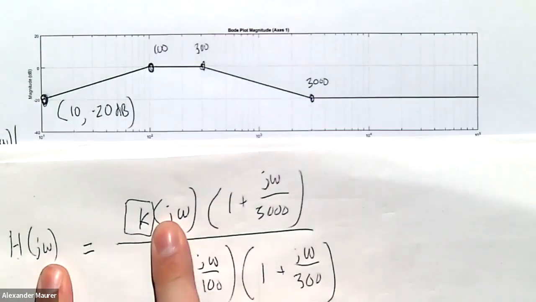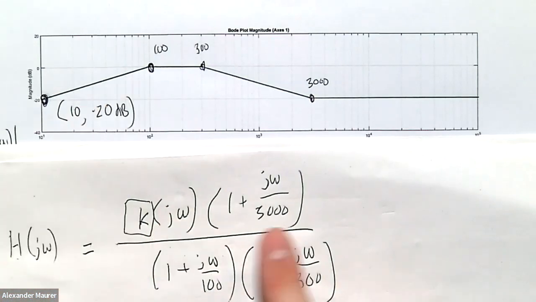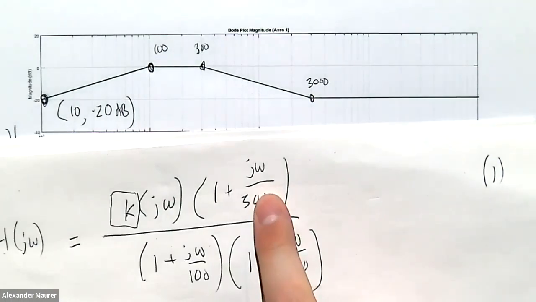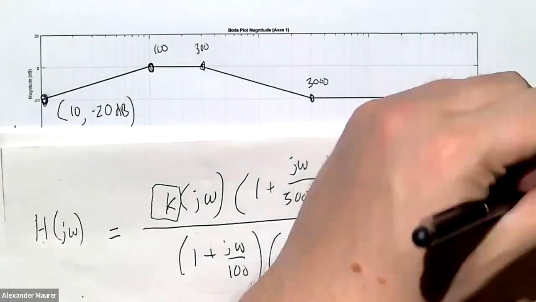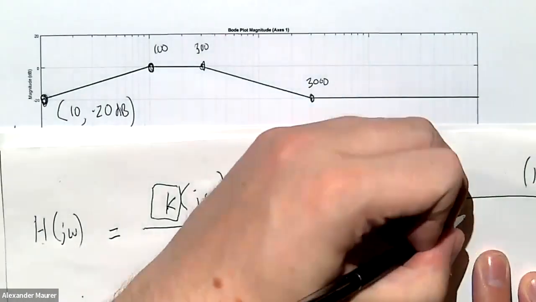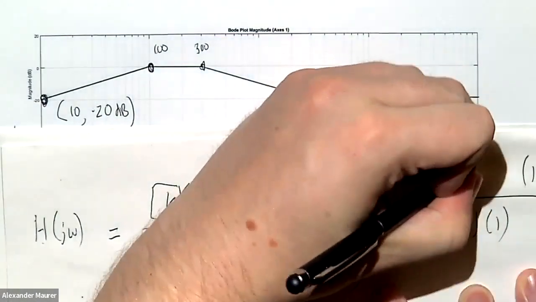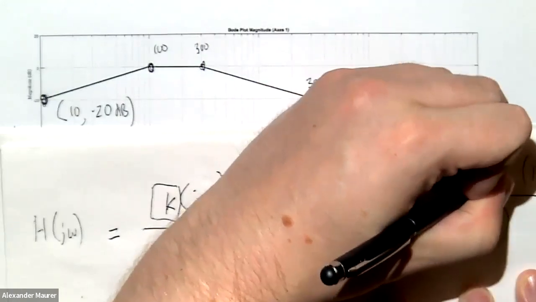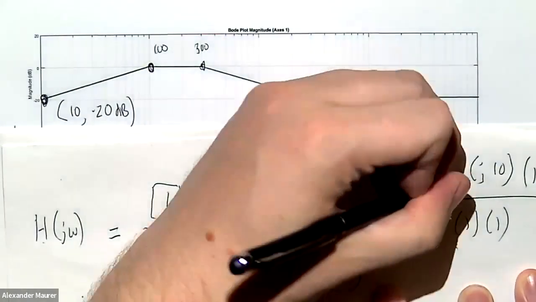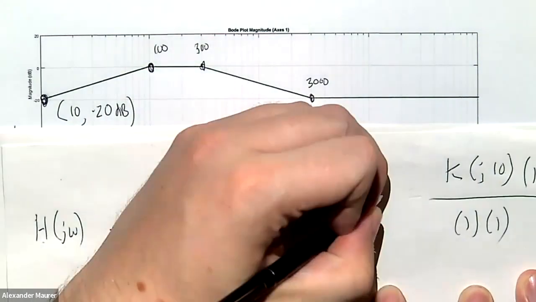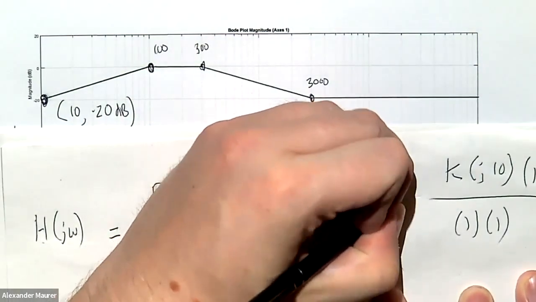And I know if I plug in omega equals 10, this is approximately 1. This term right here is approximately 1. These two denominator terms are approximately 1. I know that there is a j omega equals 10, and there is an unknown K. And this is H of j10.